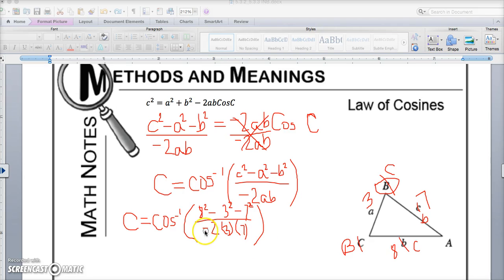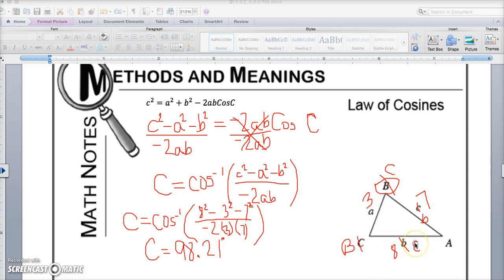And I'm going to find out that angle C is equal to about 98.21 degrees.